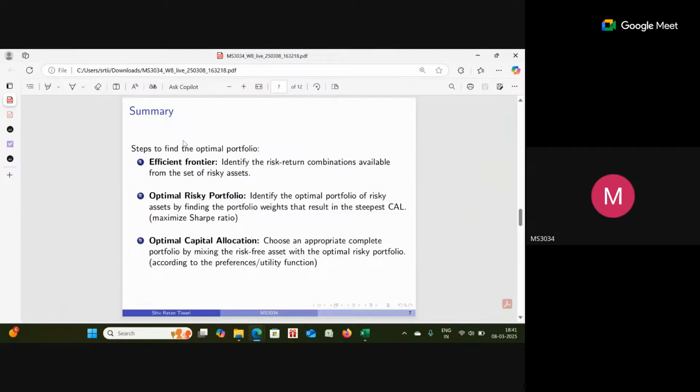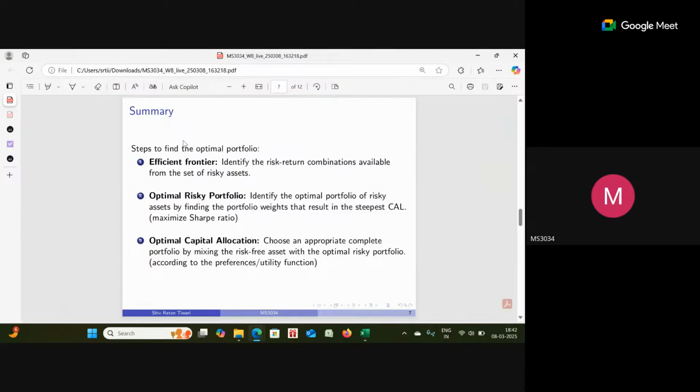Risky assets means all the assets available in the market apart from the risk-free, and risk-free means mainly treasury bills. From that you build your efficient frontier. Then you find the optimal risky portfolio. That means you identify the portfolio on that efficient frontier which has the highest Sharpe ratio.